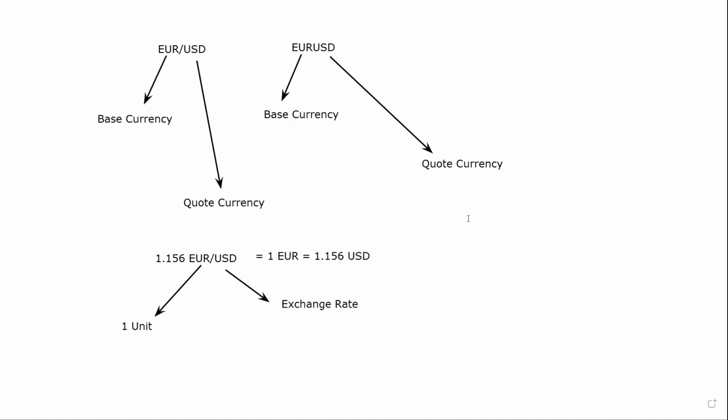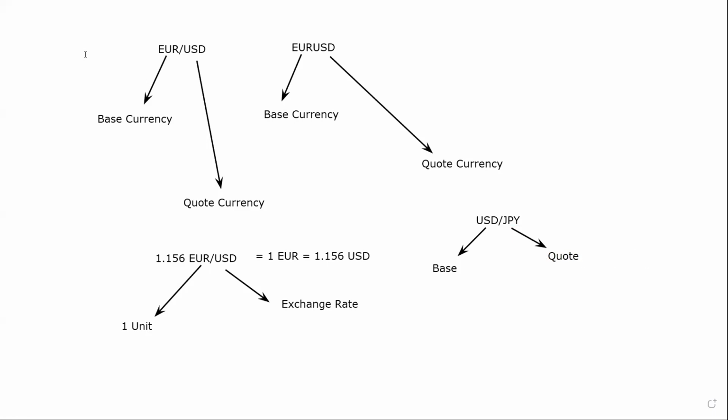Remember this. Similarly, let's suppose we have a USD JPY pair. So what is the base currency here? This is the base currency, and this is the quote currency. And we have an exchange rate.